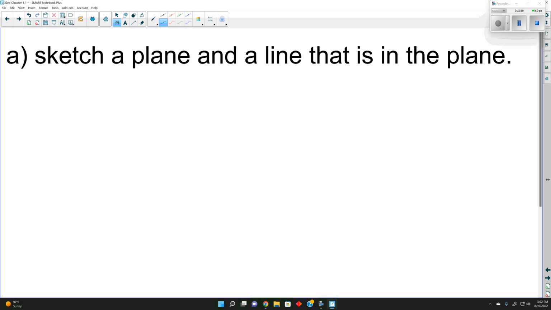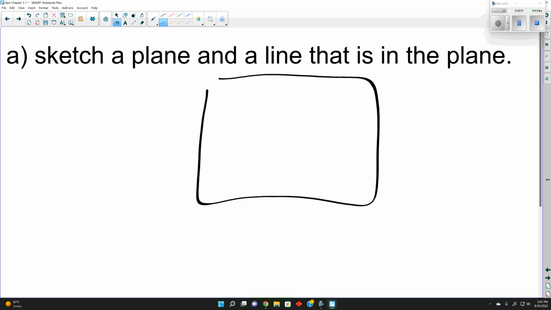Well, apparently it won't let me draw. A plane. And then what? A line that is in it. Also, it can't go out of bounds. No. Because if it did, that means it would not be in the plane. It would actually intersect the plane. Sketch a plane and a line that's in the plane.